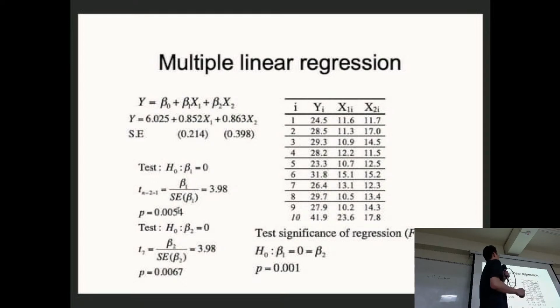Now, if x1 and x2 are correlated, for example, y1 is your blood pressure, okay? And then say x1 is your body weight, x2 is your body height. My question is very simple, is whether your blood pressure is related to your body weight. That's my research question.